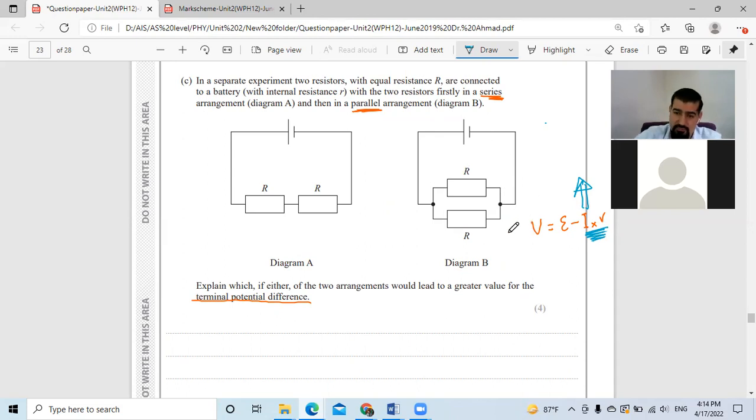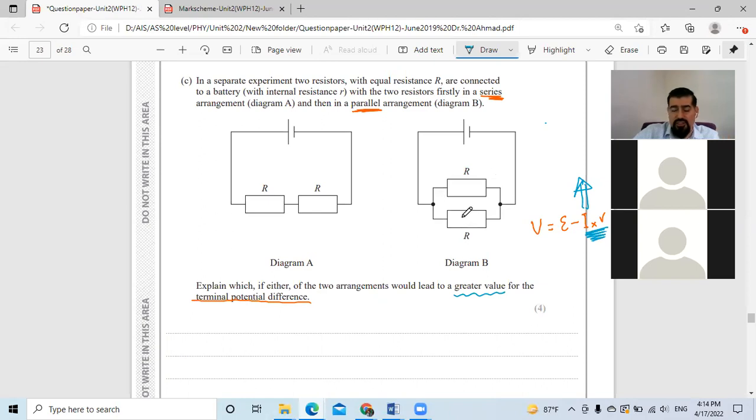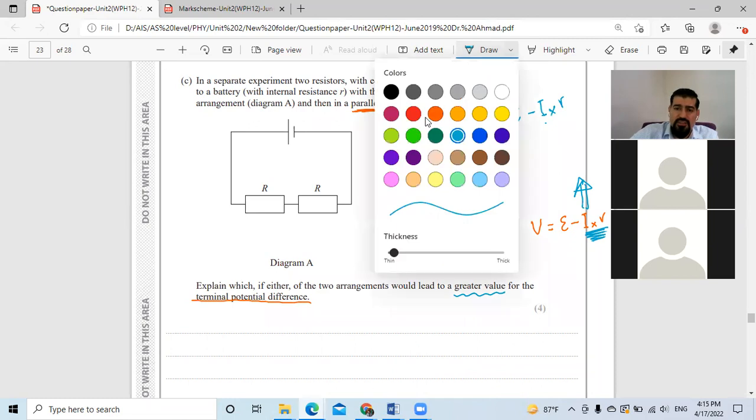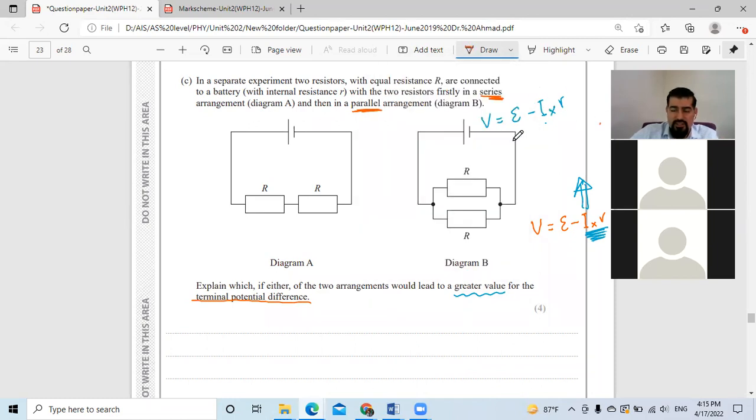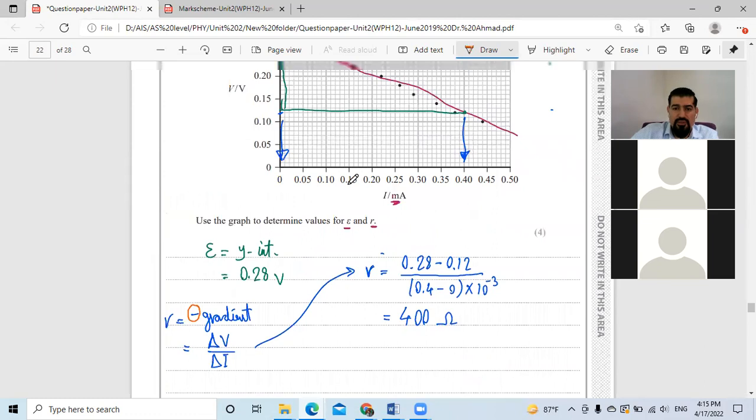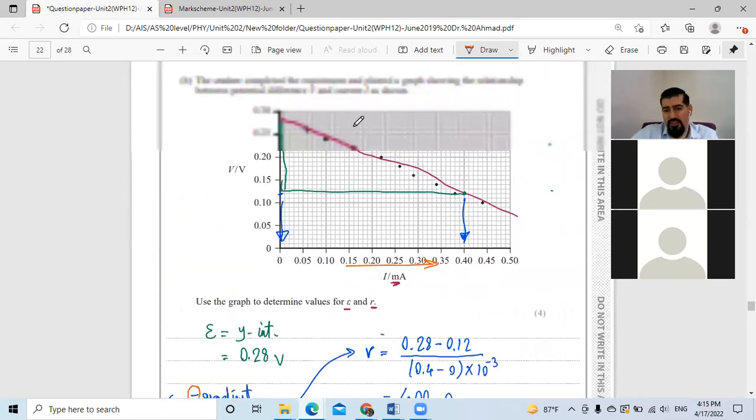Let's repeat that again. They ask which one has a greater potential difference across the battery, or across the connection. We know that the voltage across the battery is equal to the EMF of the battery minus I, the current that passed through the circuit, multiplied by the internal resistance of the battery. Whenever the current is higher, the potential difference is lower.